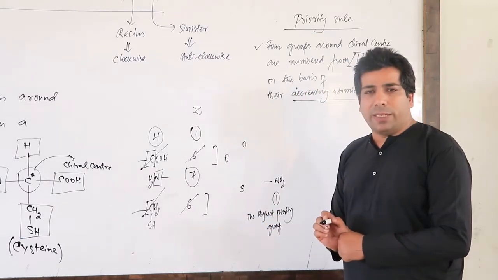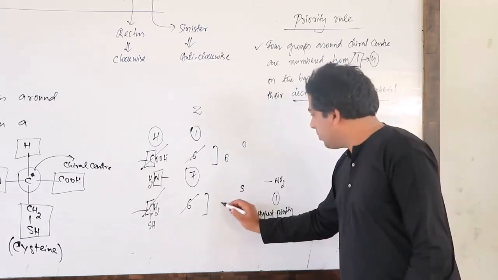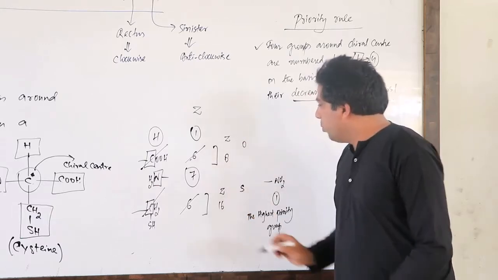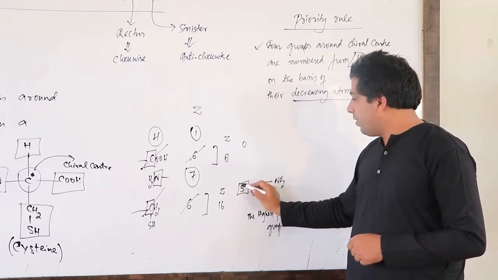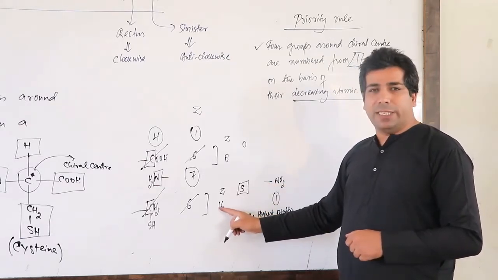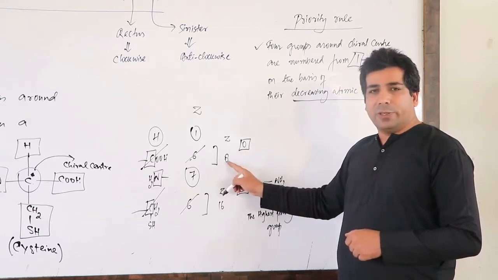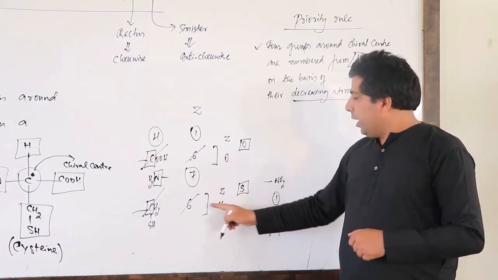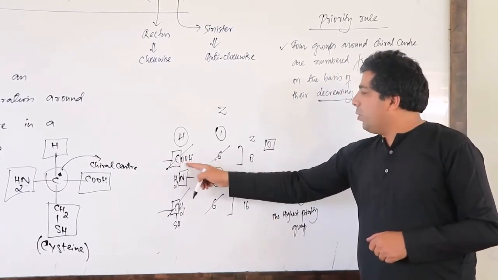What is the atomic number of sulfur, my dear friends? The atomic number of sulfur is 16. So who is having more priority now? On the basis of sulfur, its atomic number has become 16, and on the basis of oxygen, its atomic number has become 8. So out of them, who is having more priority? This CH2SH has more priority than COOH.